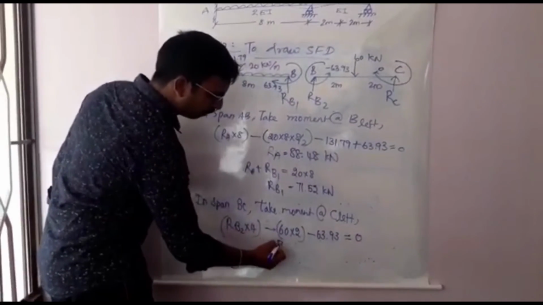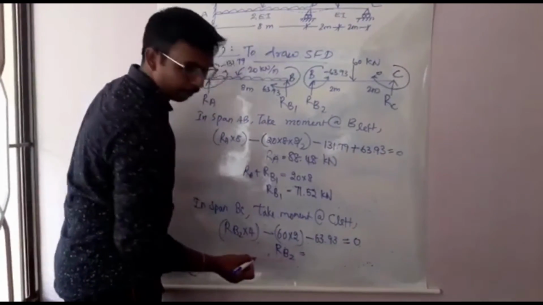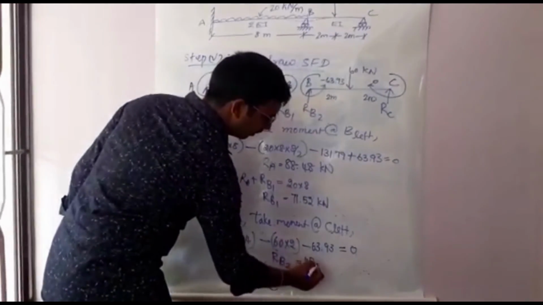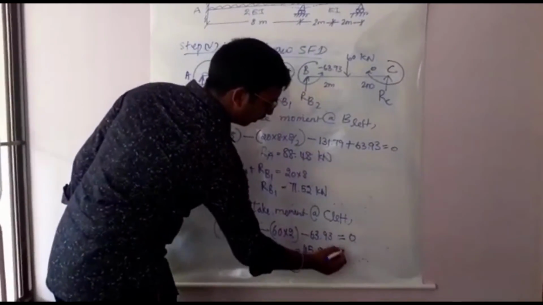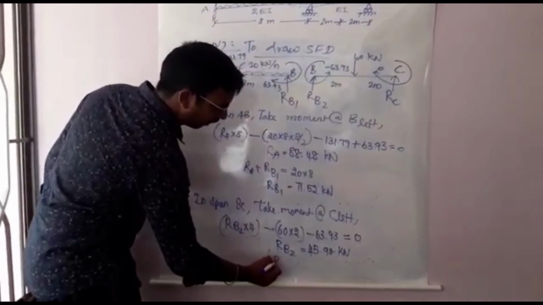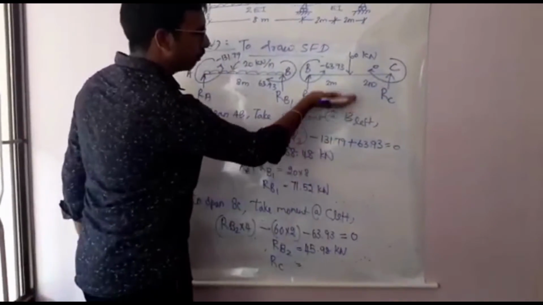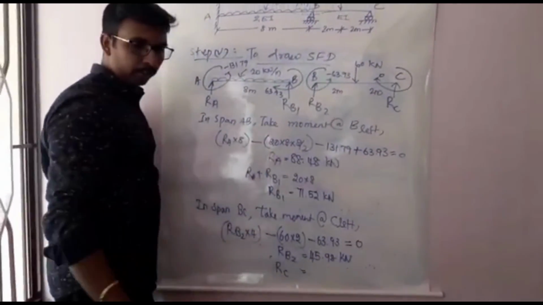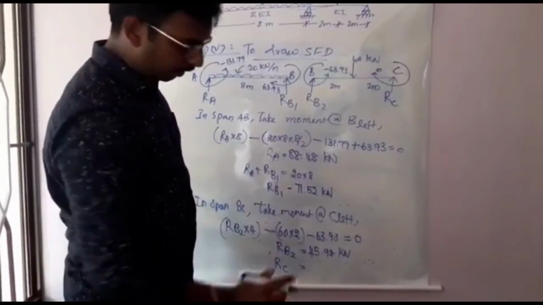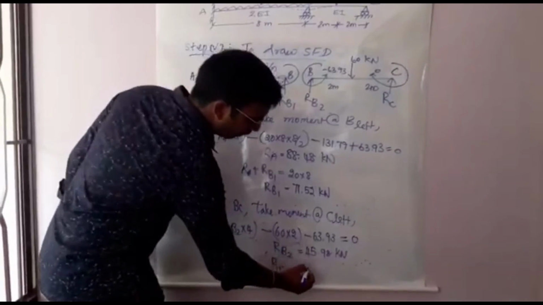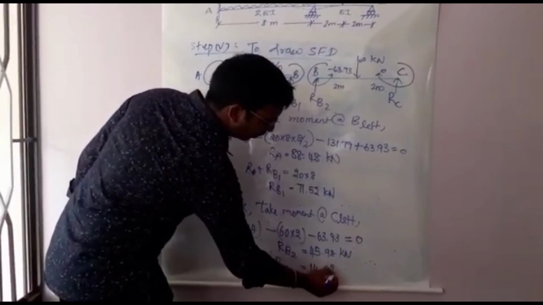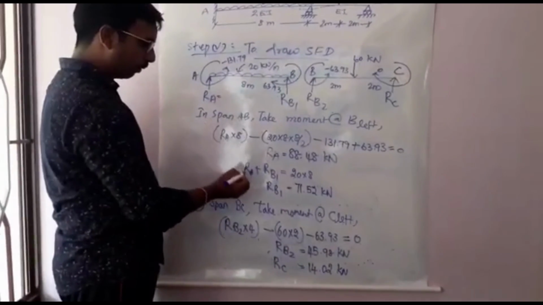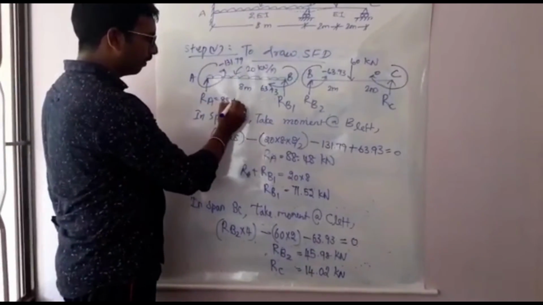You will get RB2 equal to 45.98 kilonewton. Likewise for RC, upward force RB2 plus RC is equal to 60. If you substitute, you will get RC equal to 14.02 kilonewton. So you will get RA equal to 88.48.